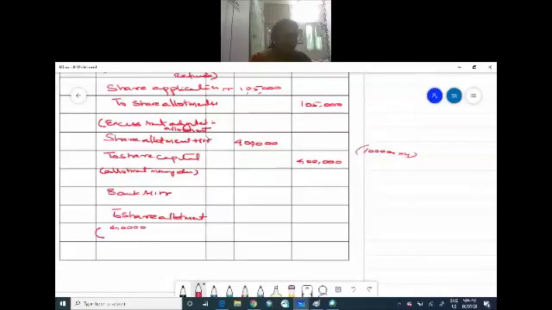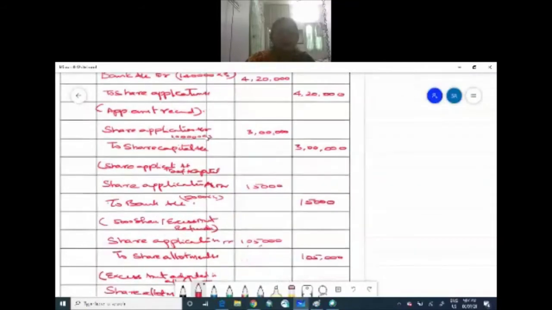So 4 lakhs minus 1,05,000. So what will go into your pocket? Allotment pocket 2,95,000. Being allotment amount deposited.